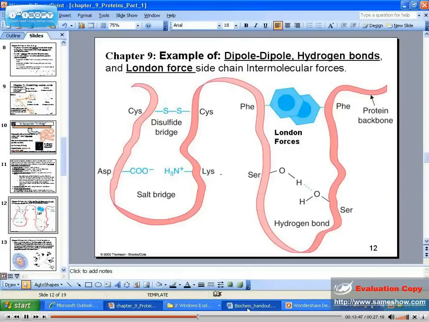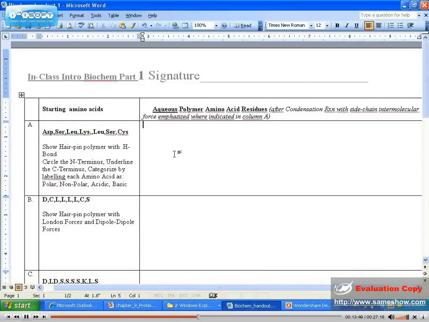In the dry lab / in-class discussion, you're going to be given a paper like this. And you're going to be asked, given these starting amino acids, to create the aqueous polymer amino acid residues.